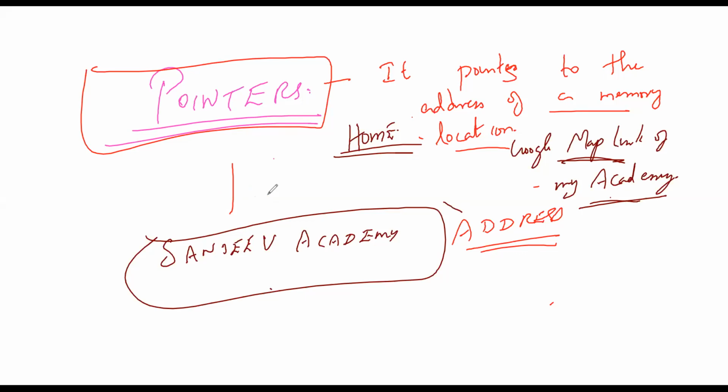This is not the correct symbol. Star symbol. It is there in your laptop, the multiplication symbol. This is called asterisk. So if I write something like this, the pointer points to the address of the location. Is it clear up to this?